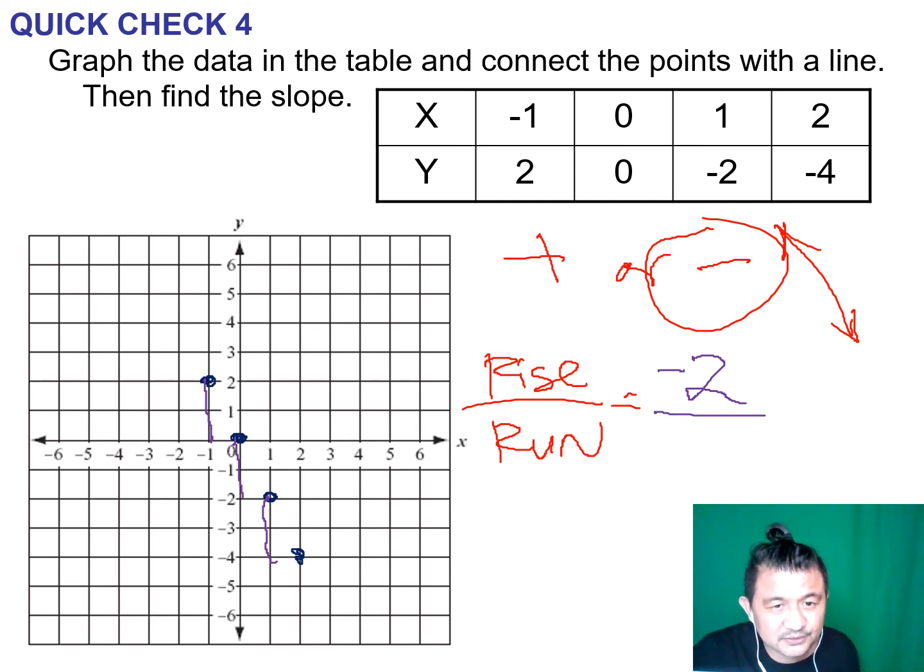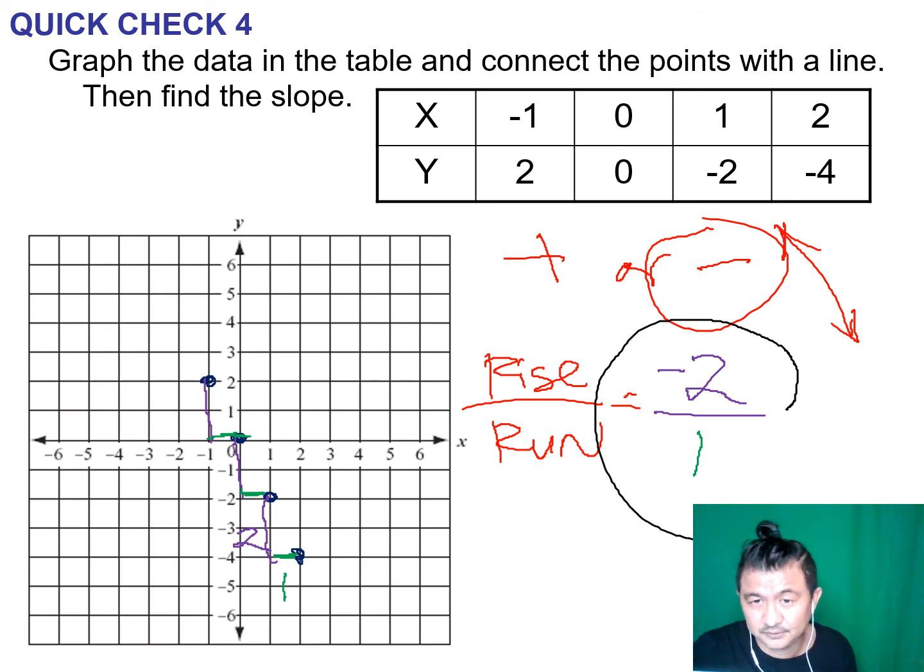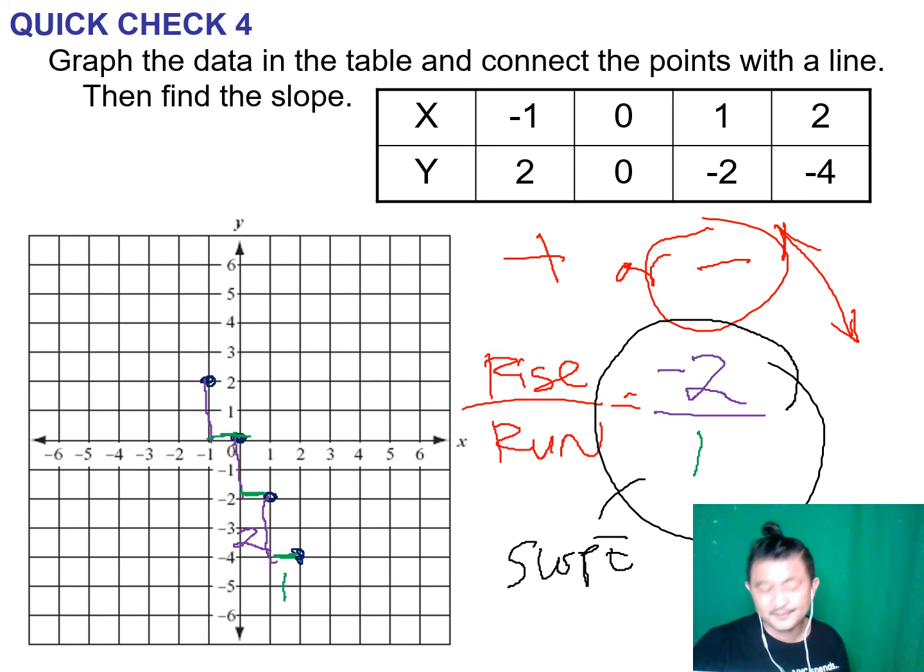The run, let's use the green, run of 1, run of 1, run of 1, run of 1. This is the 1, and this is the 2. It's always consistent, right? Rise of negative 2 over 1, that's already simplified, so that's your slope. Negative, and we're right.